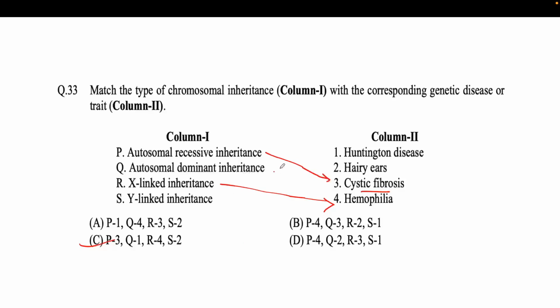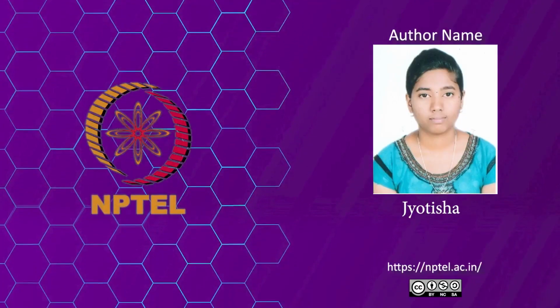Autosomal dominant inheritance is Huntington disease, right? And Y-linked inheritance is hairy ear. So this is the correct combination for this question.